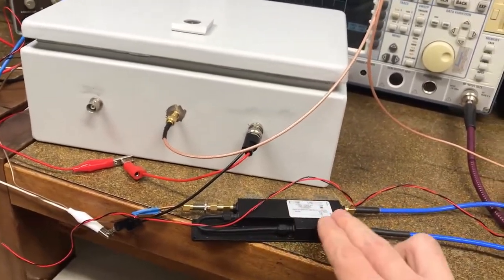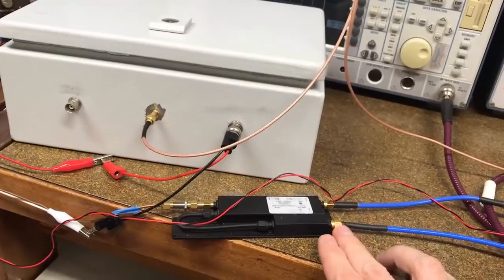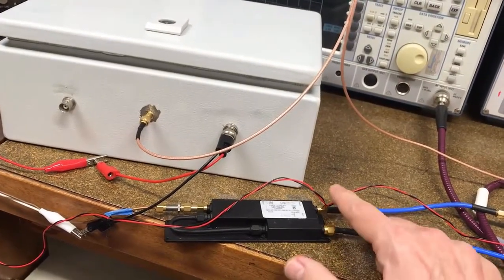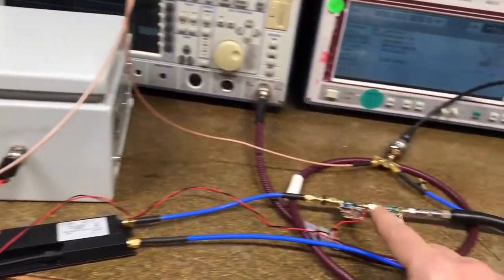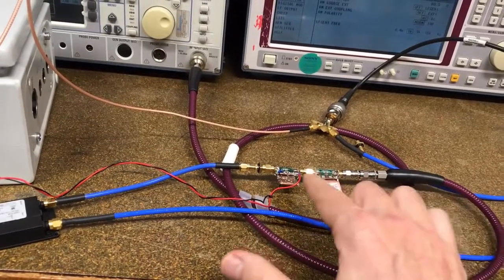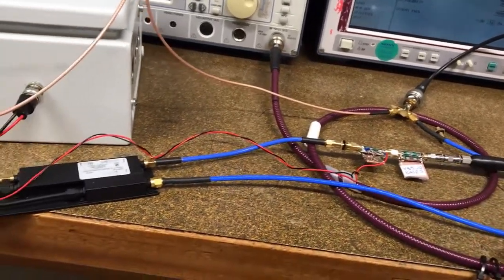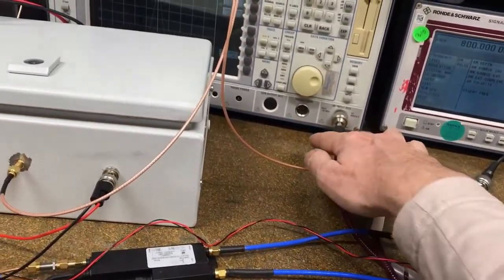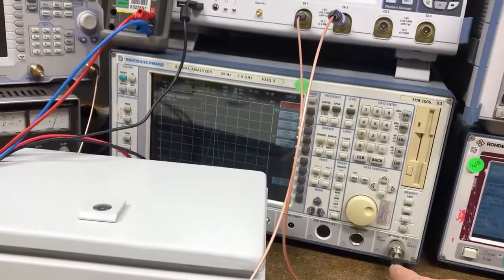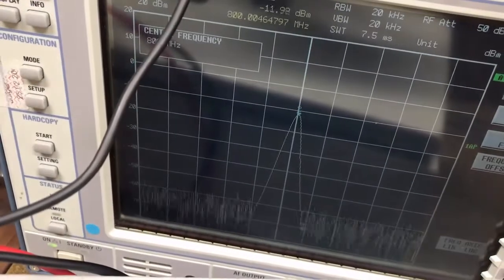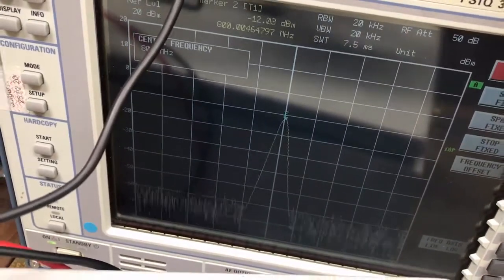The duplexer, this is the port, the low frequency port, 800 megahertz. The common port, we have our TVS and the bias circuit, and the output goes directly to this signal analyzer, which just shows the amount of power we have passed through the diode.